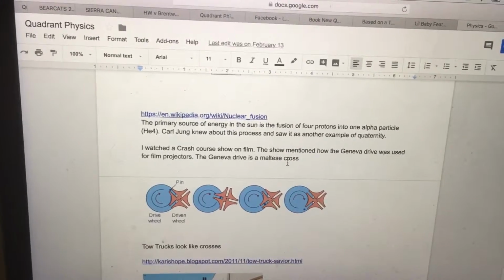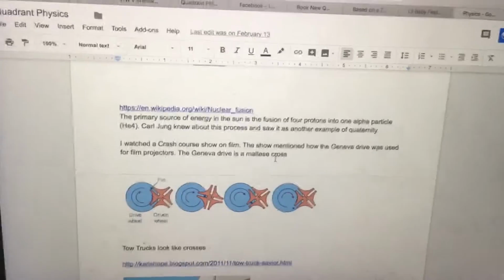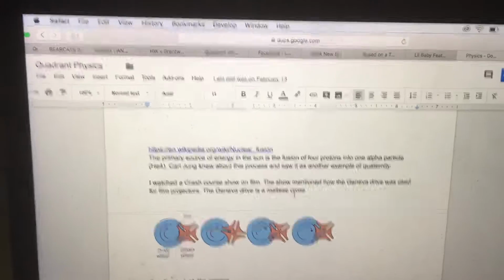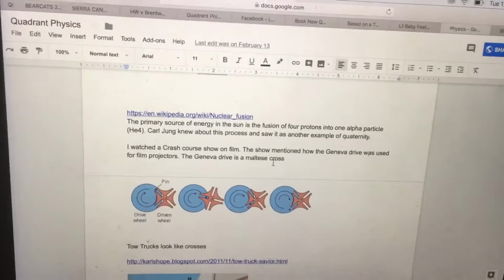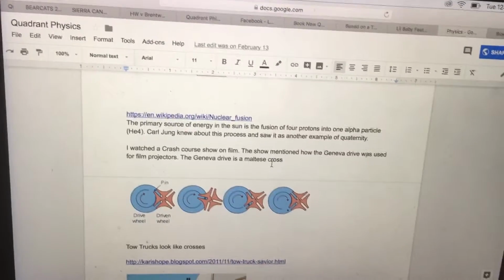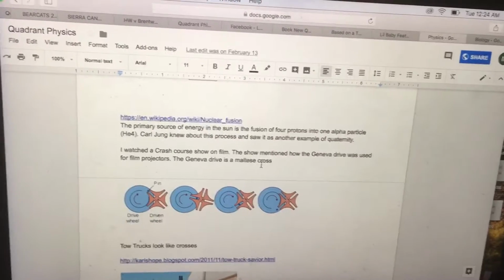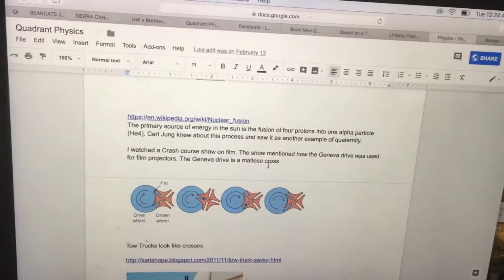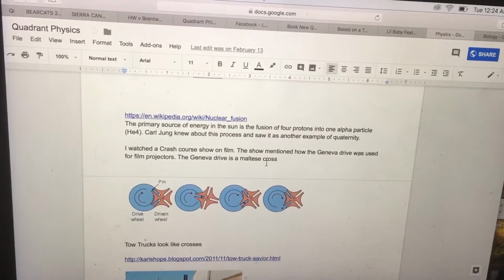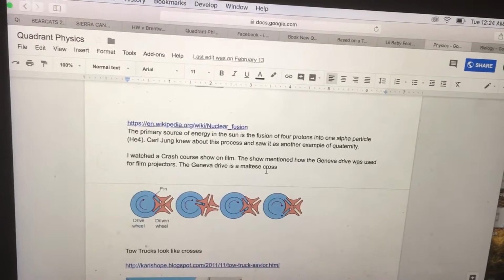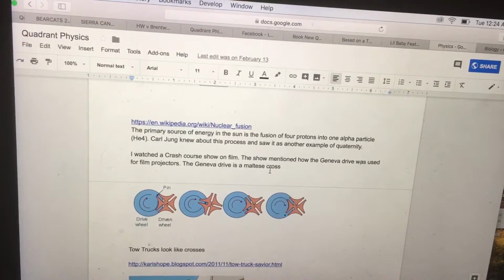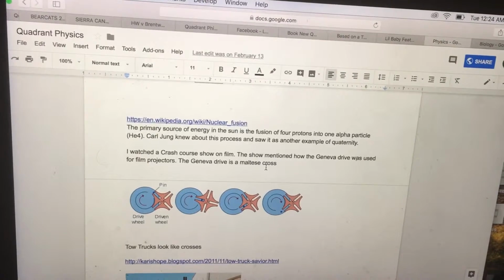Carl Jung knew about this process and saw it as an example of the quaternity. I looked at a book on that, and Carl Jung was talking about that. Carl Jung again talked a lot about the idea of the quaternity, and he saw the creation of the helium with the fusion in the sun.